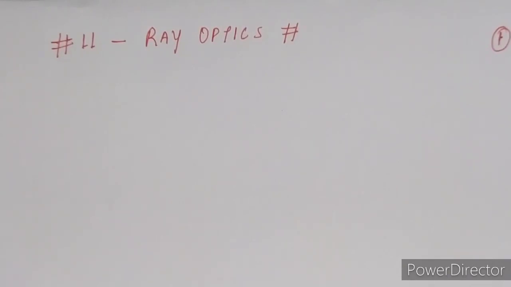Chapter number 11 depends completely on the chapter you have studied in your 10th standard about light. What are mirrors, lenses, concave, convex, lens formula, mirror formula, magnification, then the human eye, reflection, refraction. All these things which you studied in your 10th standard come in this chapter in an advanced version.